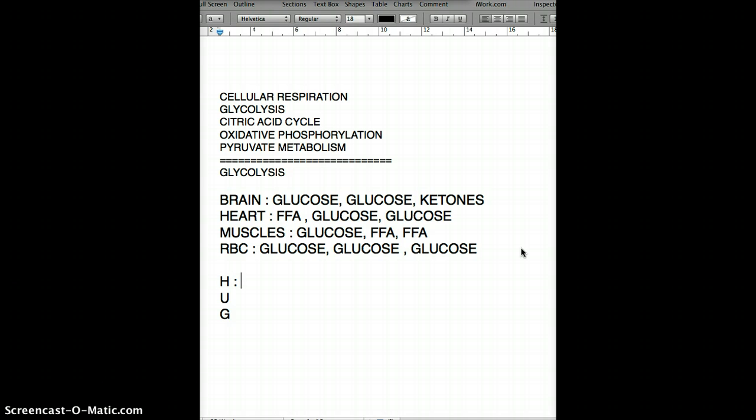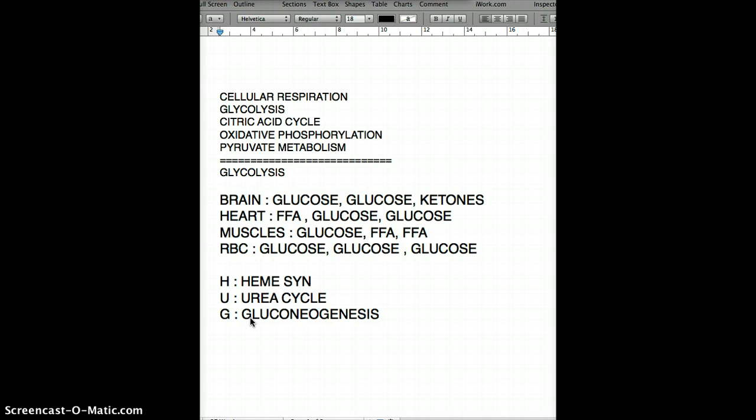H for heme synthesis, U for urea cycle, and G for gluconeogenesis. So these are the 3 pathways in the entire body which use cytoplasm and mitochondria.